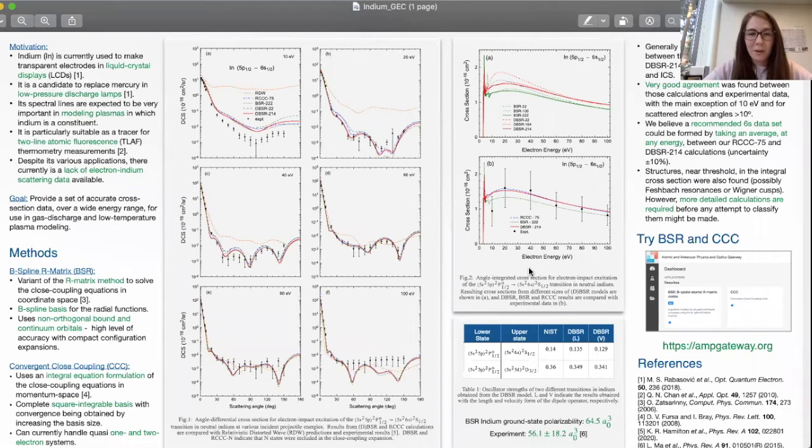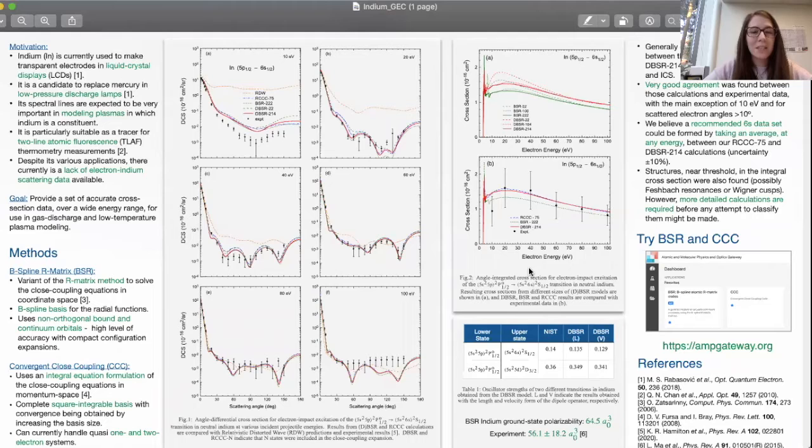However, even though comparison at high incident projectile energies and high angles is poor, the RDW calculations do agree quite well with the rest of the results presented at low scattering angles. And as they are weighted the most heavily when we calculate our integral cross-sections, the integral cross-sections from RDW calculations may not be completely inaccurate.